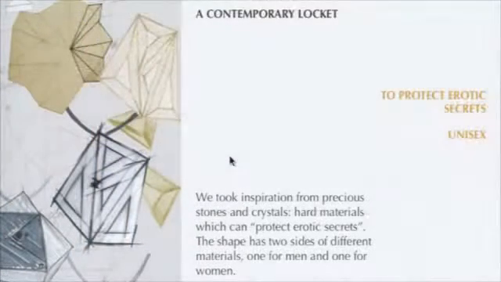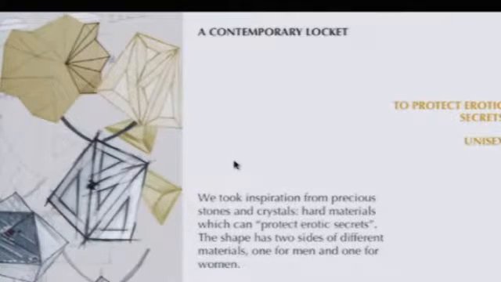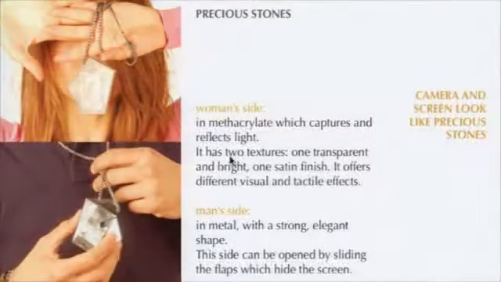Our jewelry took inspiration from crystal and precious stones that have a natural beauty and are strong enough to protect Voglia's erotic secret. And we did a cover with two sides, one transparent side and a metallic side, to convey a sense of both mystery and security.